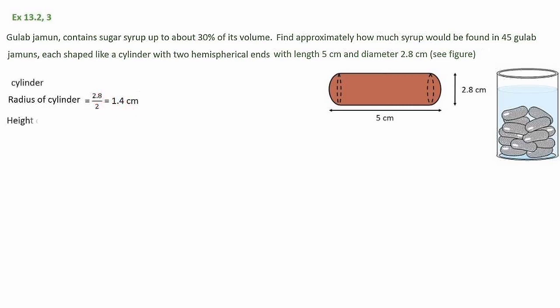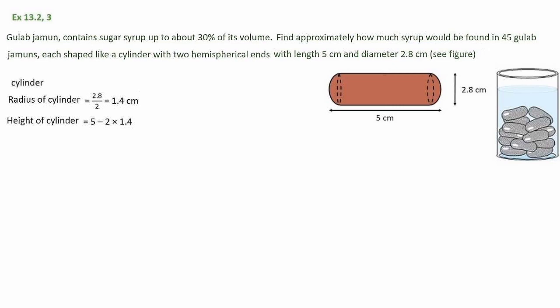It's not a problem. Height of the cylinder is equal to 5 minus, here you can see this portion is 1.4, that means the radius of the hemisphere. And here also that radius will be coming, that is 1.4. That means from the total length 5, here 1.4 is removed, here 1.4 is removed.